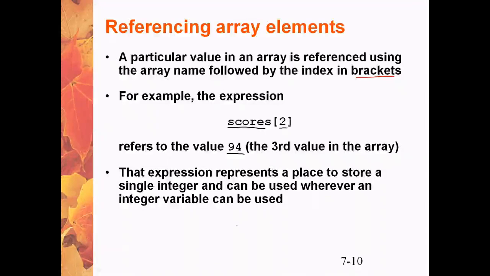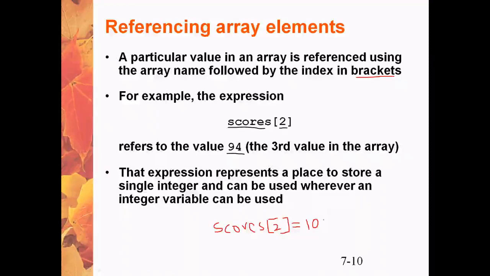If I want to change the value 94 and store 100 at that position, I may use an expression: scores, this is my array name, and the index 2, and then I have to use the equal sign to store a value at that particular position.